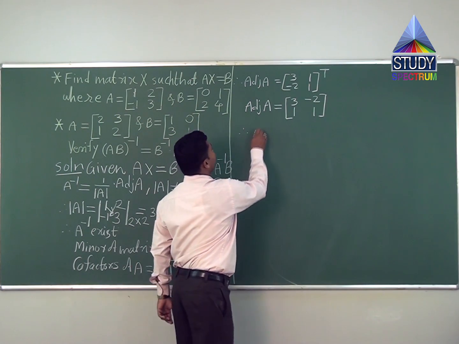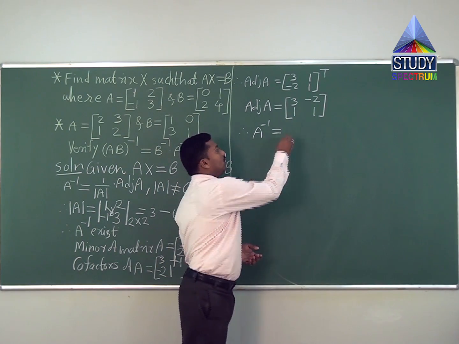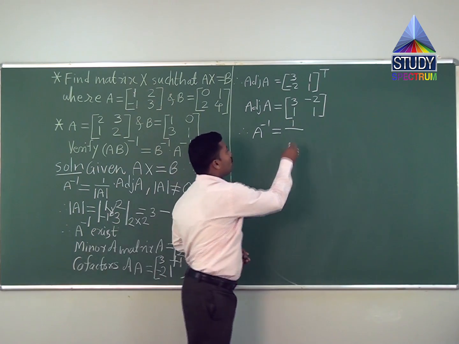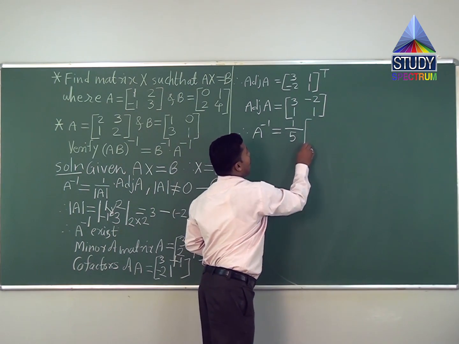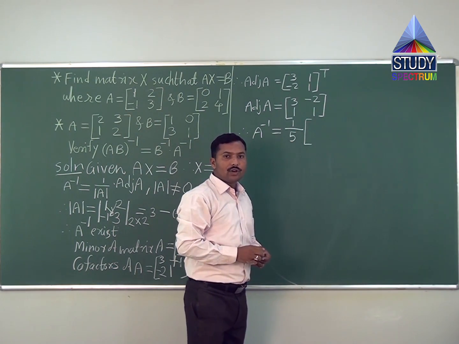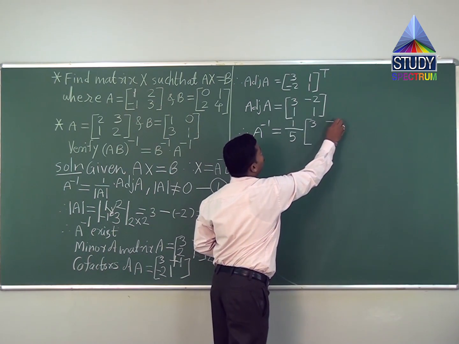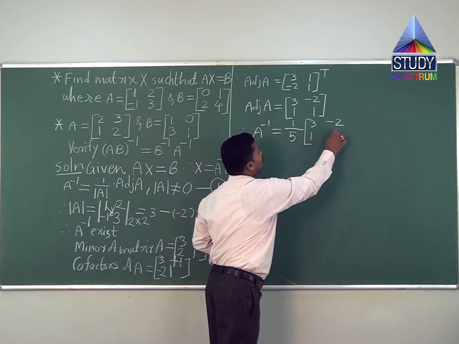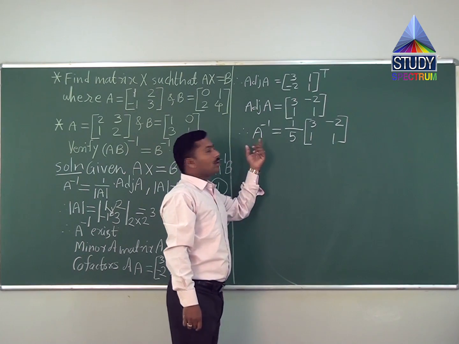So A inverse equal to what? 1 upon determinant A. Determinant A is here 5. So 1 upon 5 into adjoint of A. What is the adjoint of A? Here, first row 3 minus 2, second row 1 1. So this is A inverse.